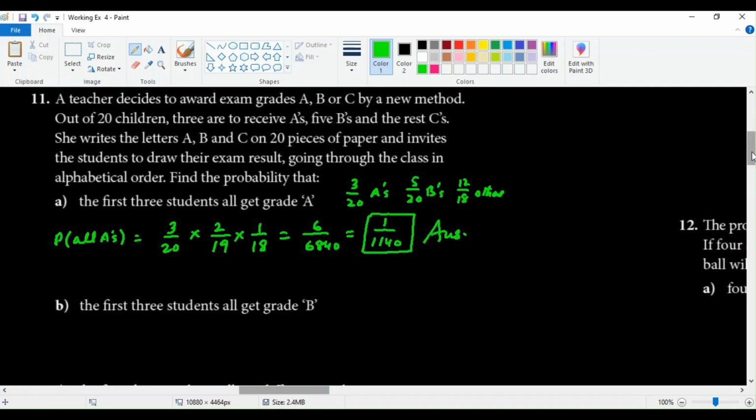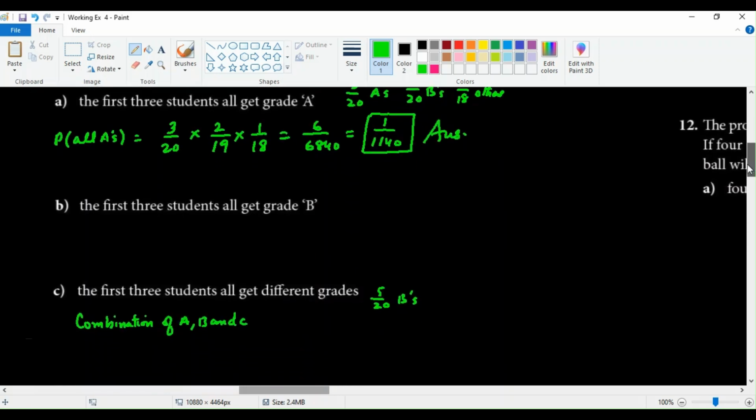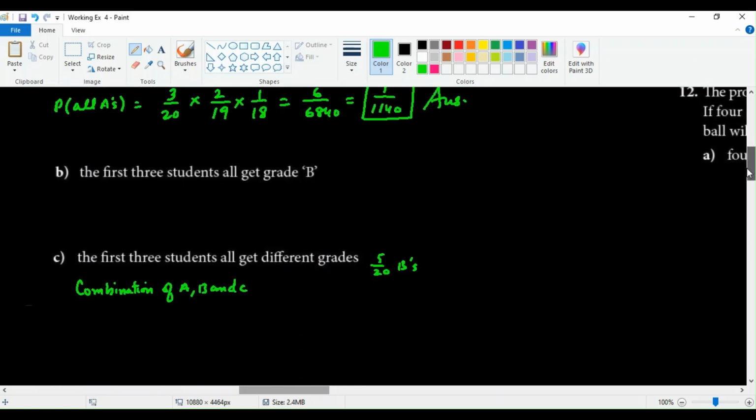Now, when it comes to part B, first three students get all grade B. Now, in here, what we know is 5 over 21, and then the second one is going to be 4 over 19, and the third one is going to be 3 over 18.